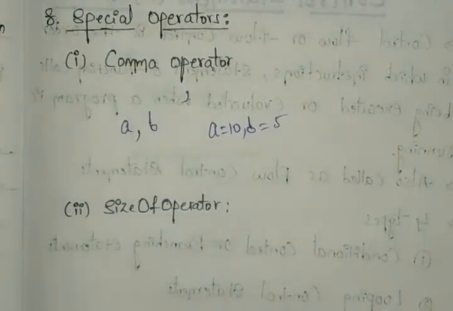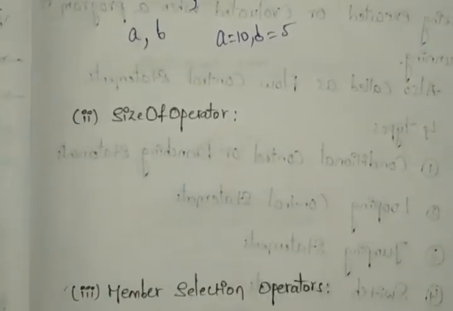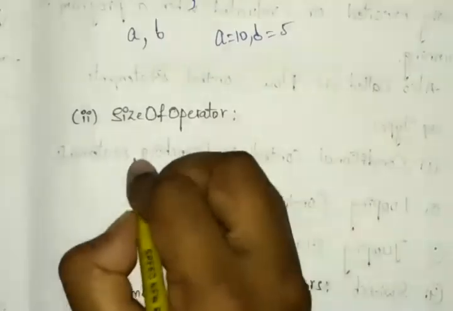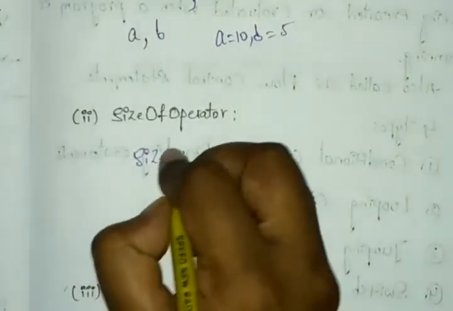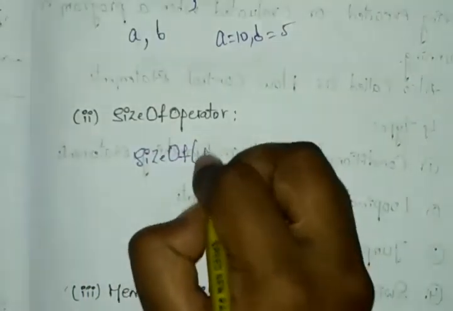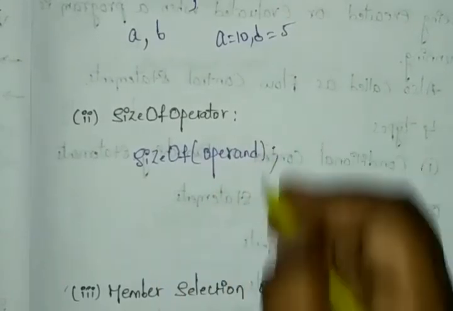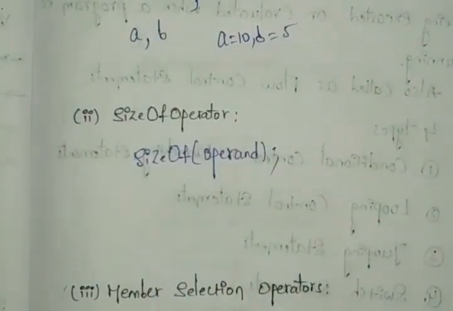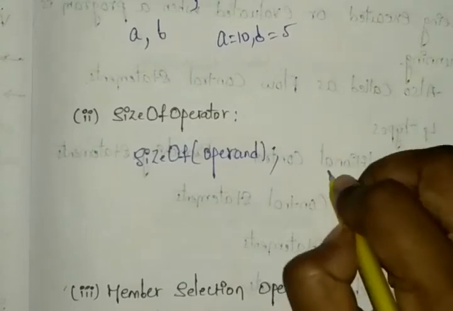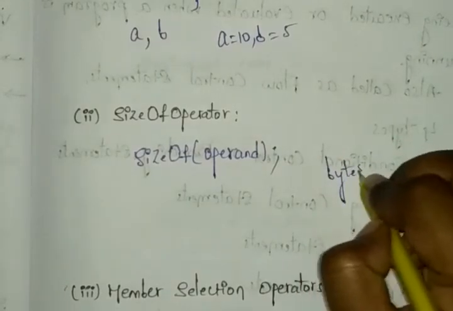And next we have the sizeof operator. The second one is the sizeof operator. Yes, the sizeof operator is used like sizeof operand. Here the size is measured as the number of bytes. The size is identified in bytes format.